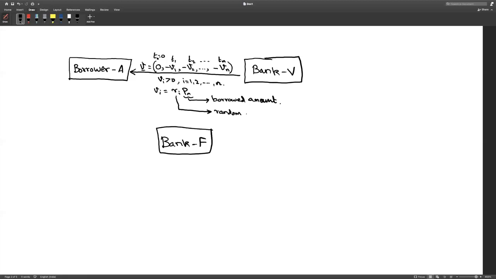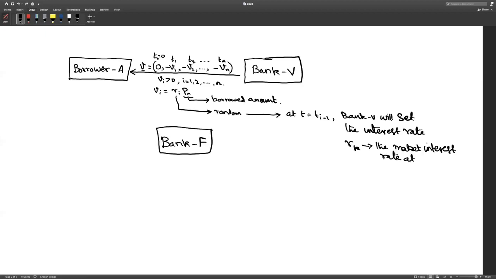So what bank V will do is, at T equal to Tk minus 1, bank V will set the interest rate Rk as the market interest rate at T equal to Tk minus 1, or it can be the LIBOR at T equal to Tk minus 1.